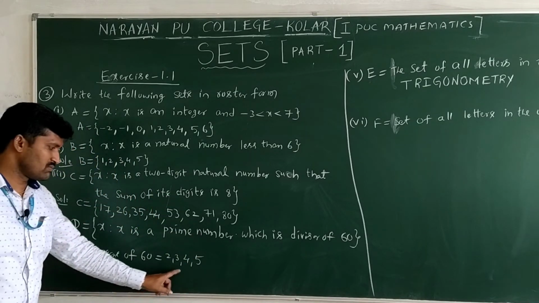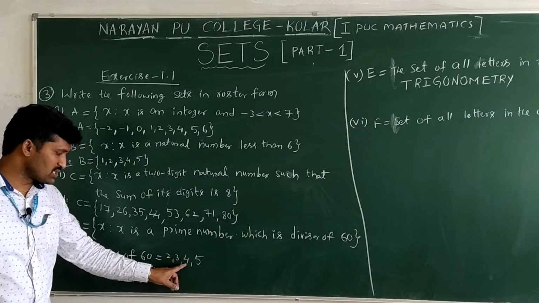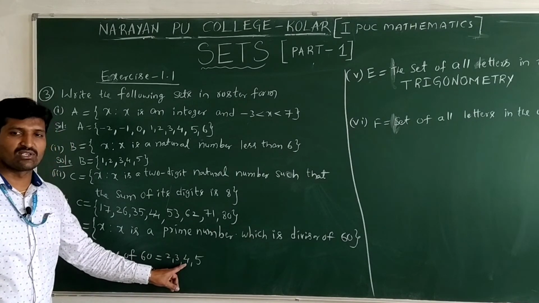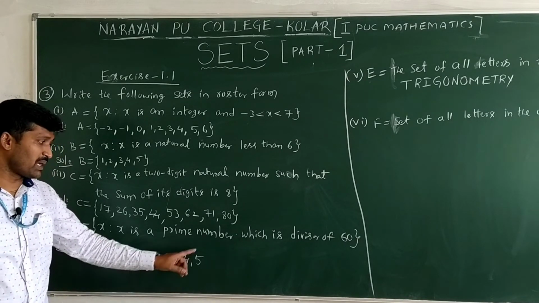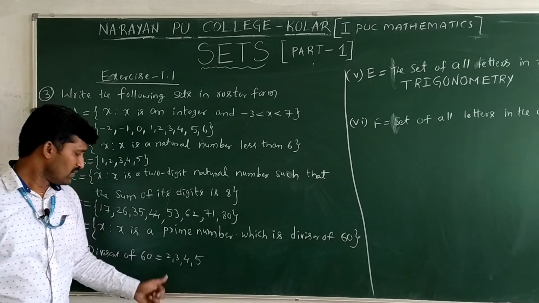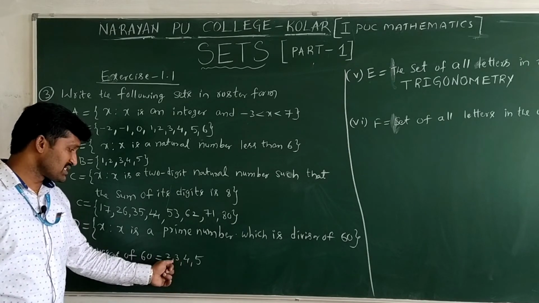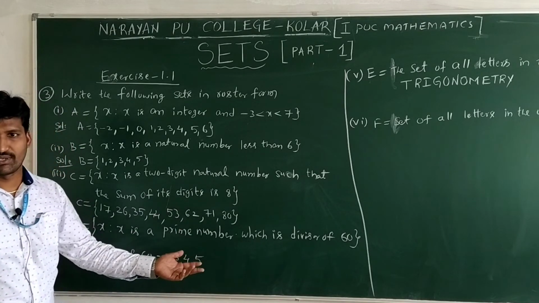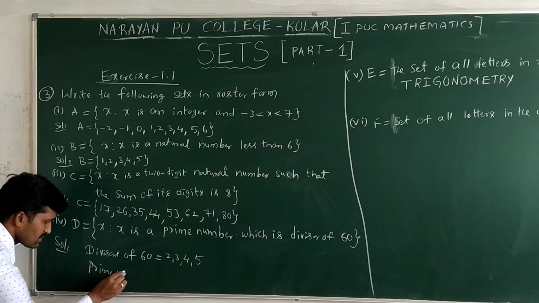These are all divisors, because 2 3s are 6, 6 4s are 24. So among these, the prime numbers are only 2, 3, 5. Okay? 60 by 2 is possible, 60 by 3 is possible. So these are the prime numbers.